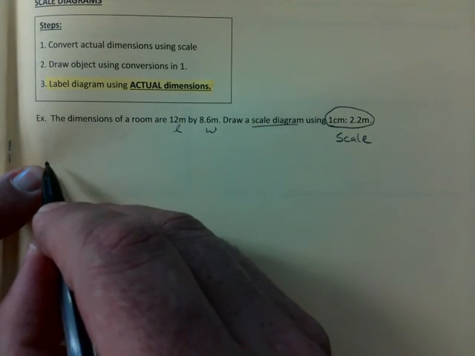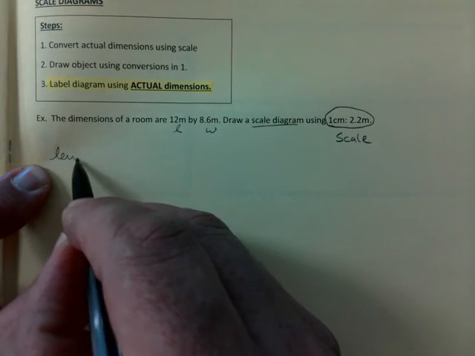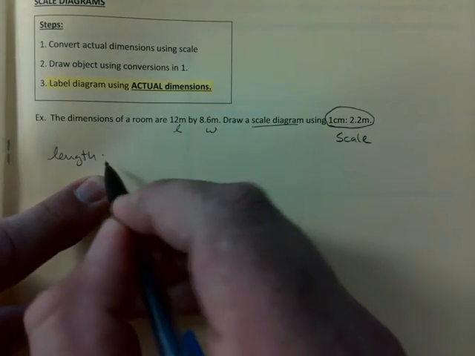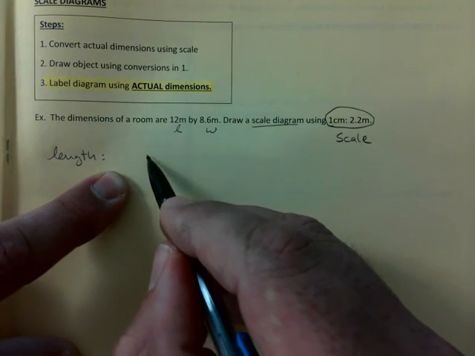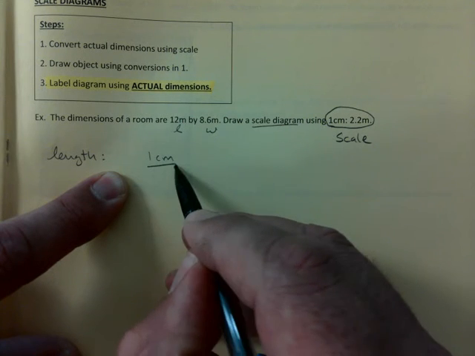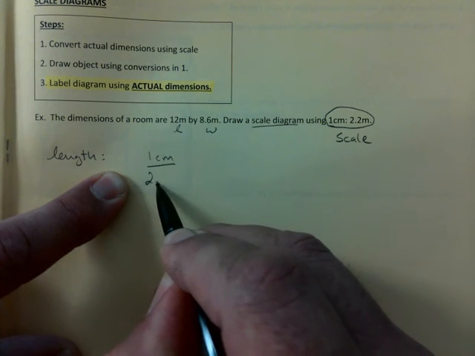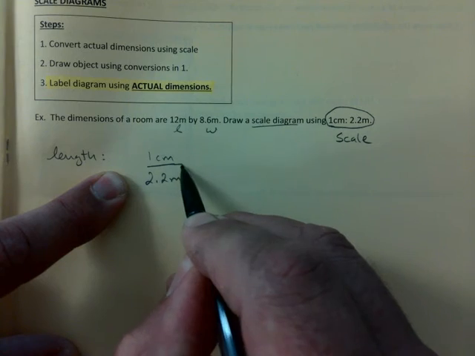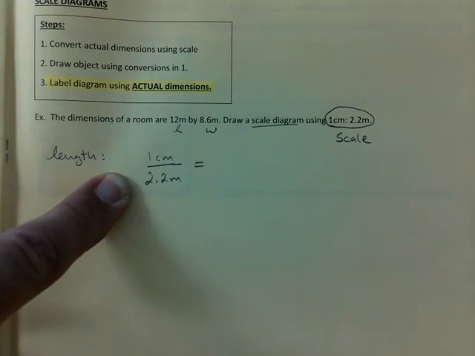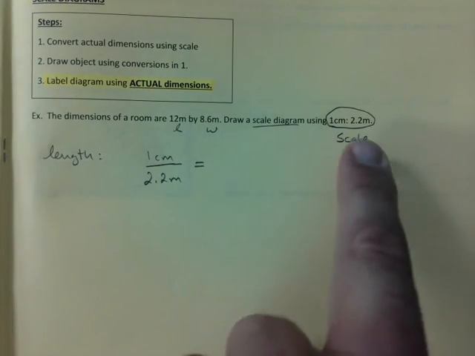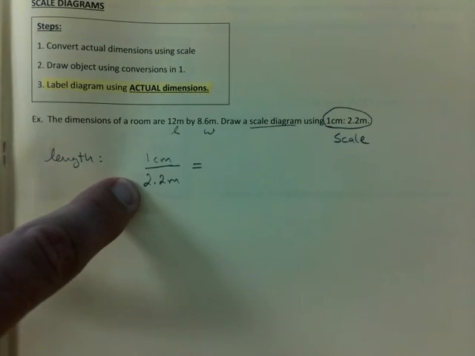So we're going to go length. We're going to do the conversion here. So I'm going to go 1 centimeter over 2.2 meters. I'm taking my scale and I turn it into a fraction like that.